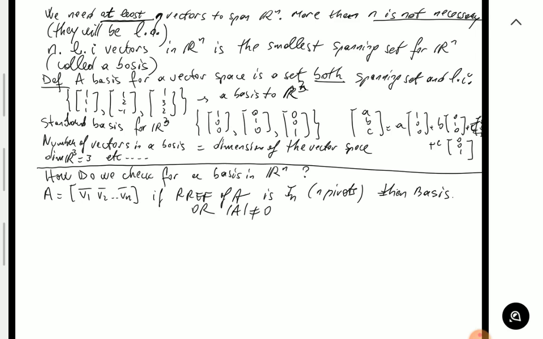The vector space formed by the columns of a matrix is also called the column space. So that's another notation we want to be familiar with later.